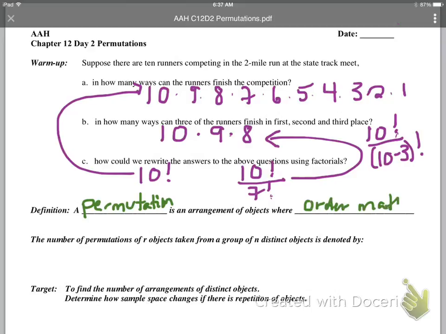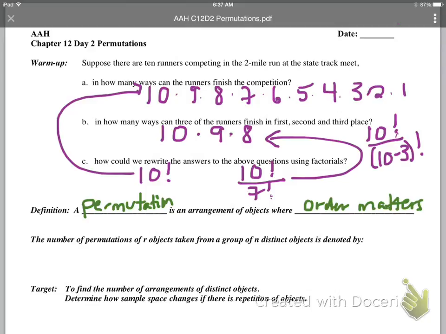So what I mean by that is, if Ben, Chip, and Yoon are in a race and Ben comes in first, then Chip, then Yoon, that's different than if Chip comes in first, then Yoon, then Ben. So the order is important.